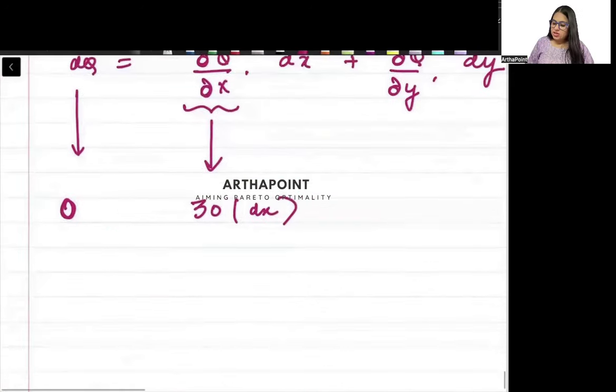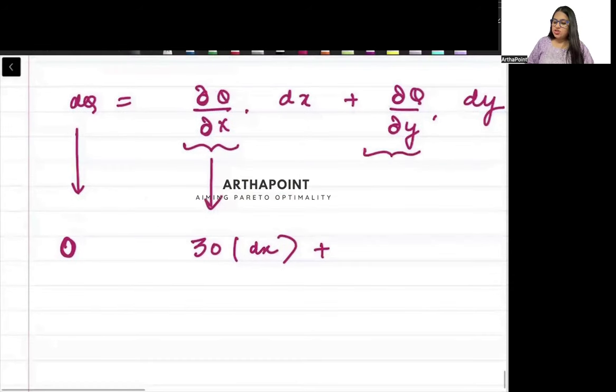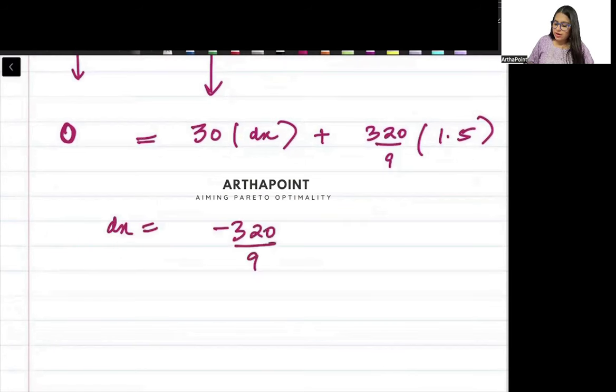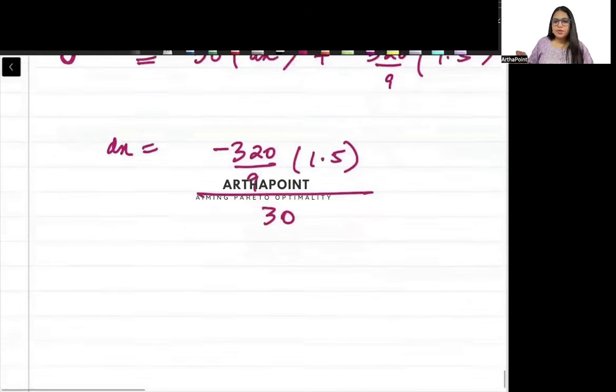So I will get plus, this is how Q changes as Y changes, 320 by 9, and dy is 1.5. This is 0. So dx will come out to be minus 320 by 9 into 1.5 divided by 30. Right?